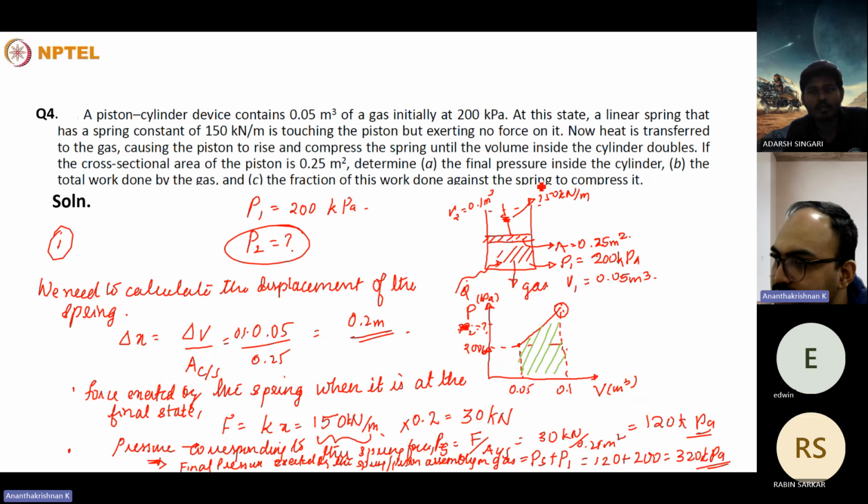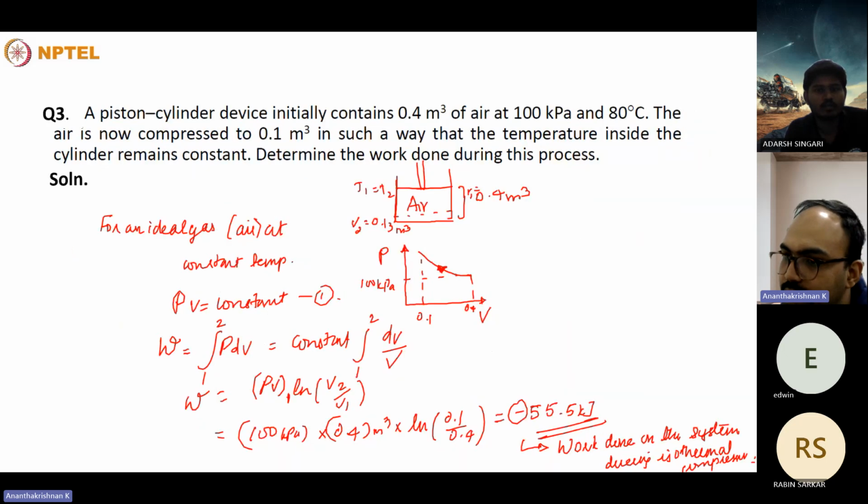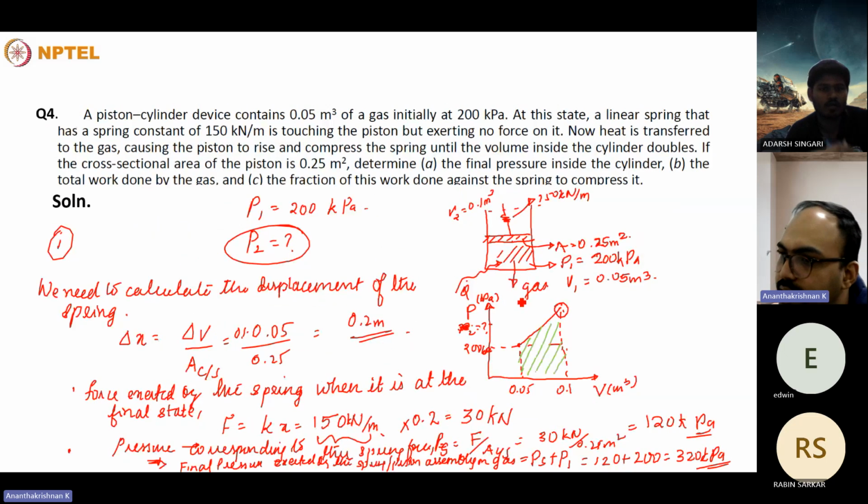But it's mentioned in this process it's not isobaric. The previous one was isothermal, and this is different, an additional component, the spring, is involved. This is neither isobaric nor isochoric, meaning there is a change in volume as well.